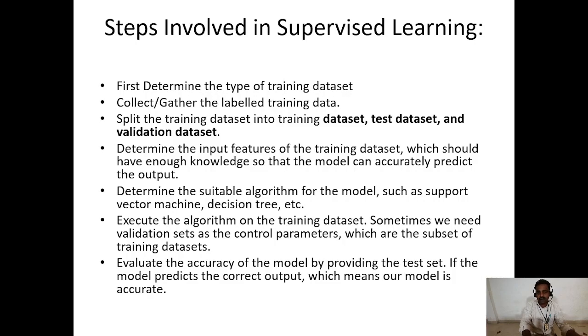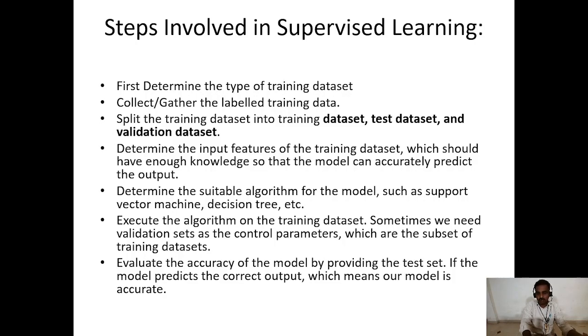Once the data is divided, you have to determine the input features of the training data set, which should have enough knowledge so that the model can accurately predict the output. Determine a suitable algorithm for the model, such as support vector machines, decision trees, etc. After that, execute the algorithm on the training data set. Sometimes you need to validate the sets using control parameters, which are a subset of the training data set.